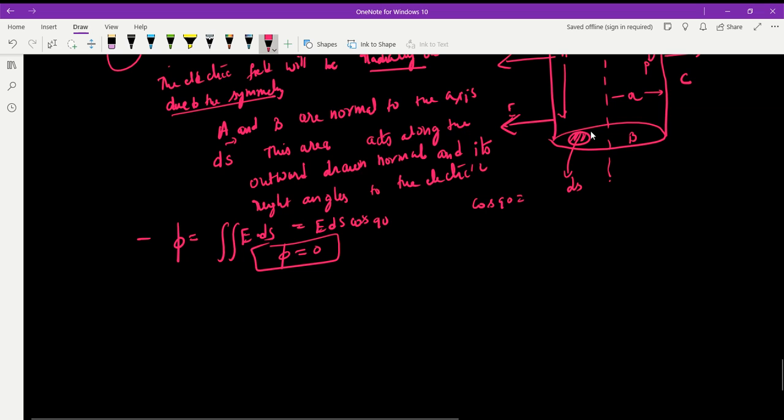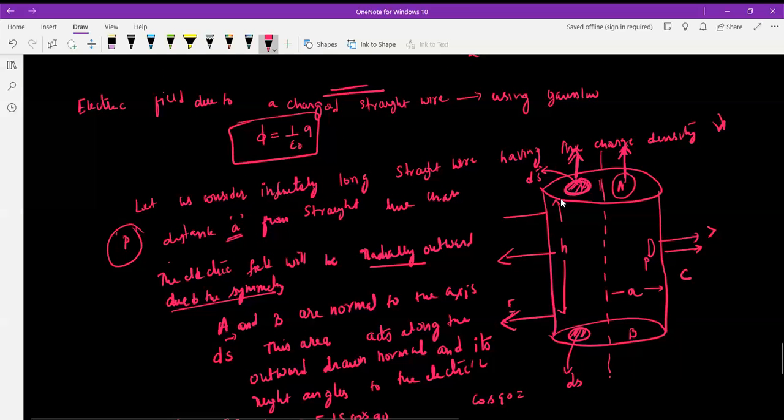Similarly, for surface A, the flux going out is almost 0.